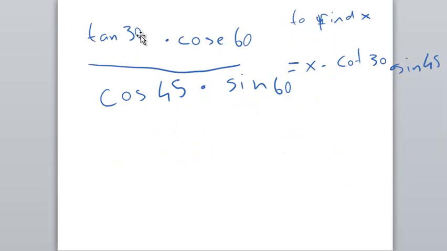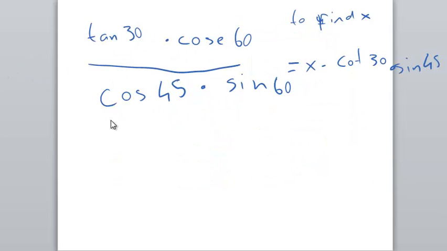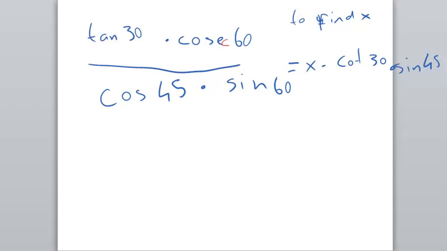So what was tangent 30? Let's look back. Tangent 30 was 1 over root 3, so let's write down 1 over root 3 times cosec 60.